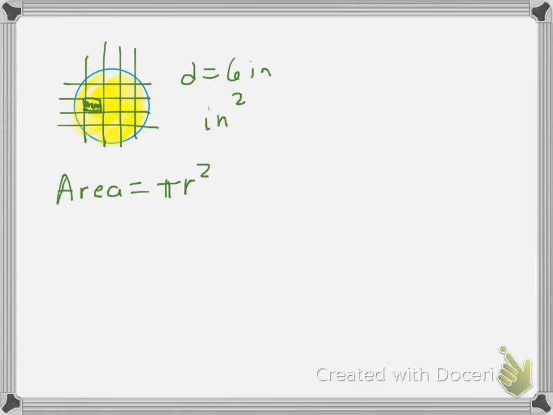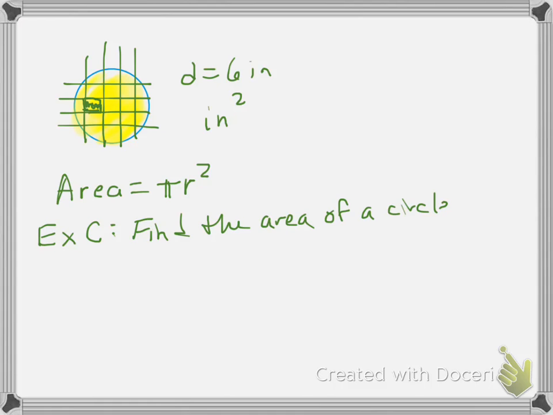Okay, so let's say example C. If I have a circle, find the area of a circle with the radius of 3.